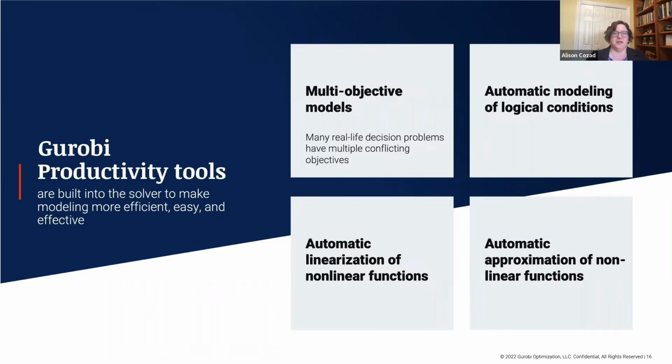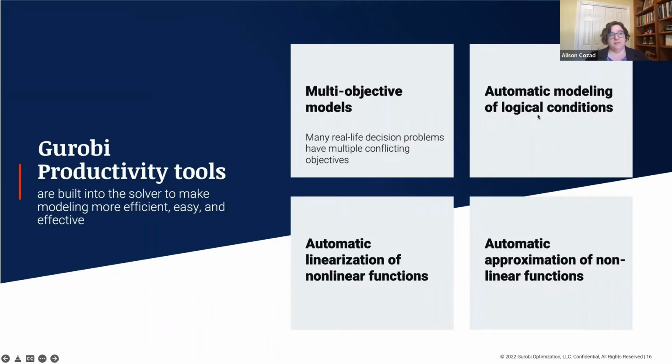We find that a lot of real life decision problems have conflicting or multiple objectives. That's one of the things that makes it a hard decision. Maybe you're trying to minimize environmental impact while trying to maximize profit or things along those lines. And these types of objectives can either be a weighted sum or solved in a hierarchical way. And by Gurobi providing this, you don't have to do the coding yourself, which makes it a lot easier to implement, and a lot easier to sustain down the road as well.